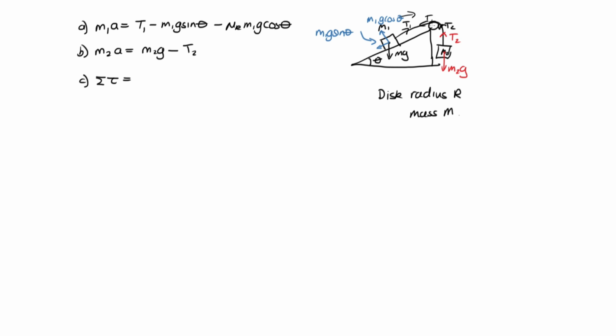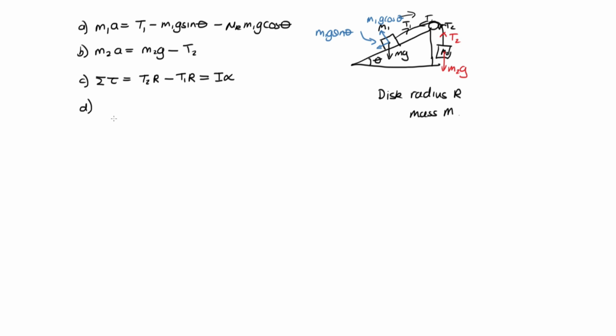So because it's moving this way, we know that T2 is bigger. So the net torque, we've got T2, which is acting at radius r, and then in the opposite direction we've got T1, which is also acting at radius r. And we know from Newton's second law for rotation that this is going to be equal to I alpha. So we've written down an expression to describe the net torque there.